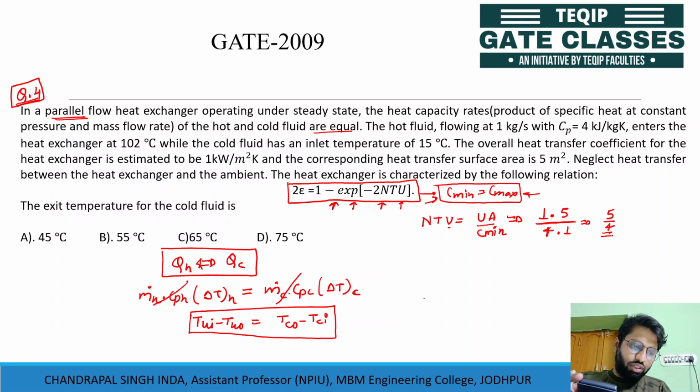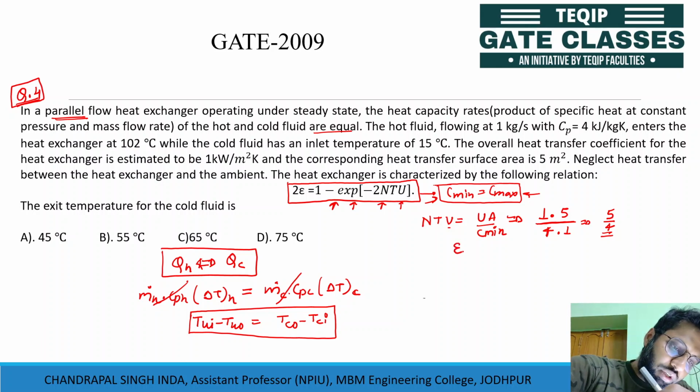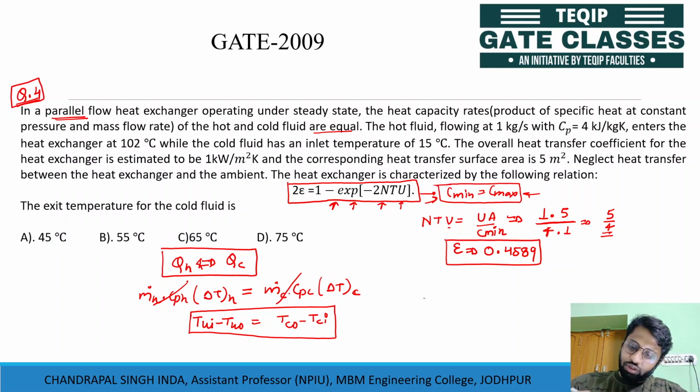The effectiveness of the heat exchanger is 1 minus exponential of minus 2 times 5 by 4, divided by 2. So the effectiveness of the heat exchanger is equal to 0.4589. So we have calculated the effectiveness.